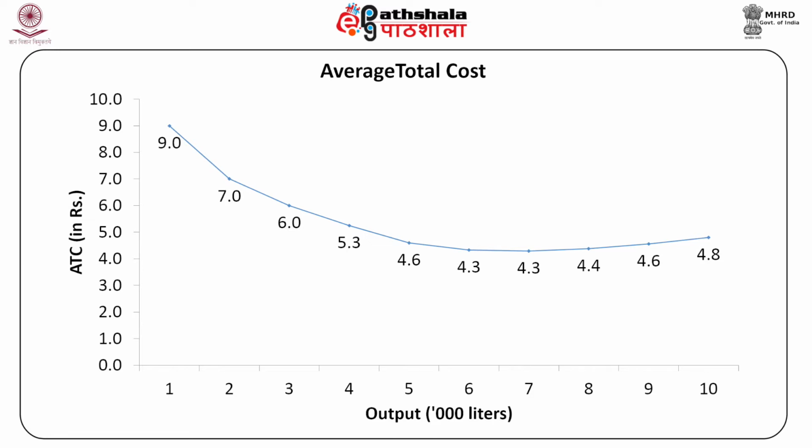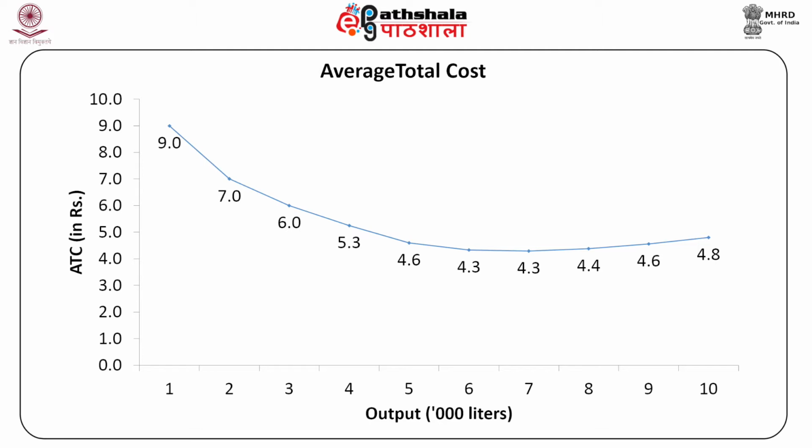As shown in figure 4, the average total cost curve is also U-shaped. The reason behind its shape is that at a low level of output, average total cost is high because of relatively high positive fixed cost that has to be incurred on the fixed inputs even at very low levels of production.